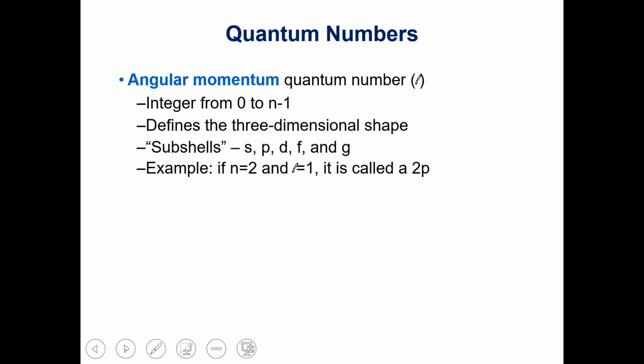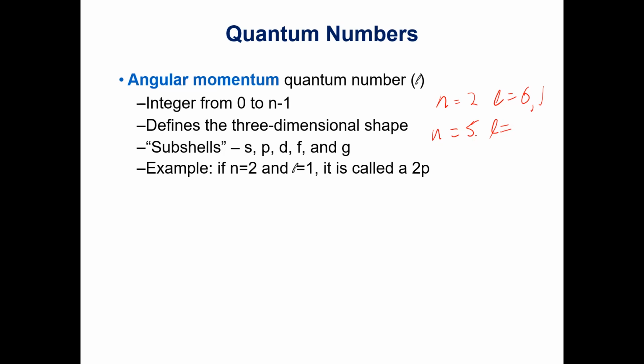The angular momentum quantum number, L, is what defines the three-dimensional shape of an orbital. L can be an integer anywhere from 0 to n minus 1. So for example, if n is 2, then L can only be 0 or 1. If n is 5, L can be anything from 0 to n minus 1.